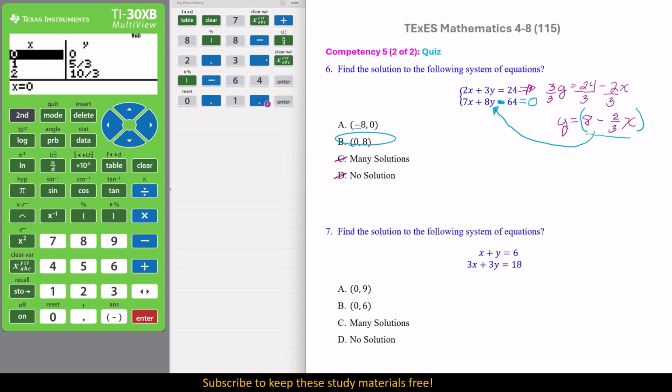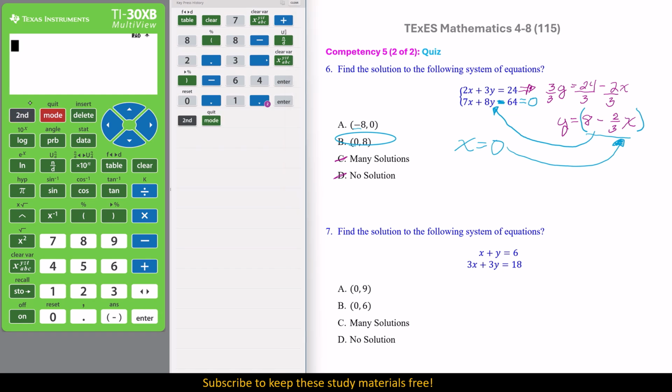We take our finding of x equals 0 and substitute that back into the equation we put in y-intercept form. Go second mode, and let's say 8 minus, and here's our fraction, 2/3, parentheses, 0. Push enter, and it is 8. So option B has been verified.